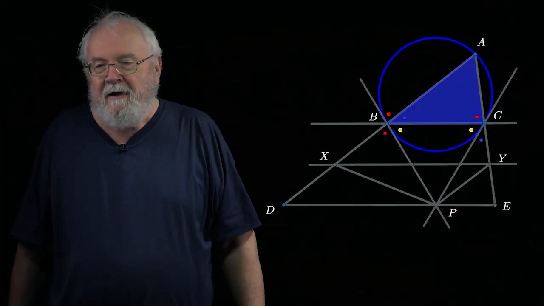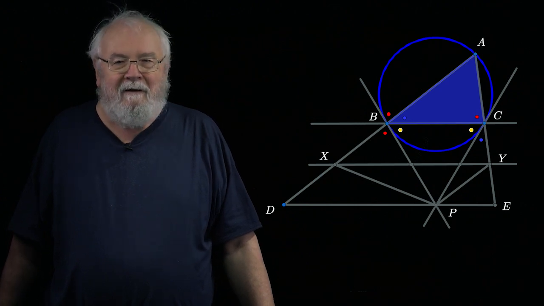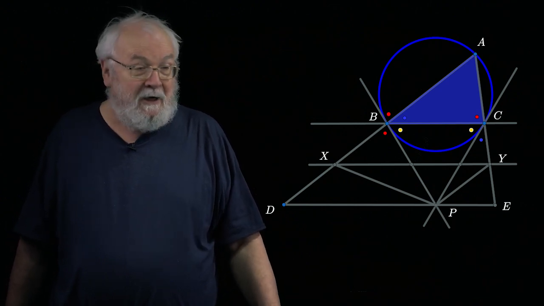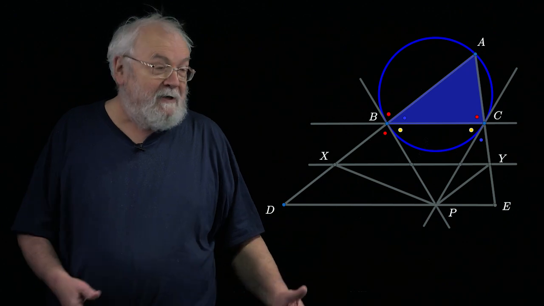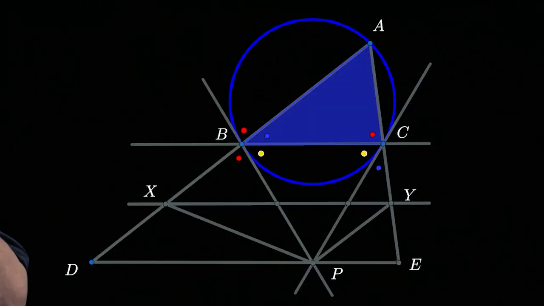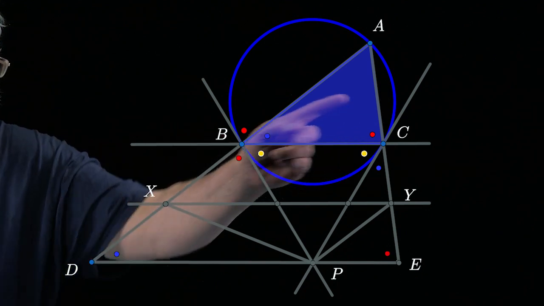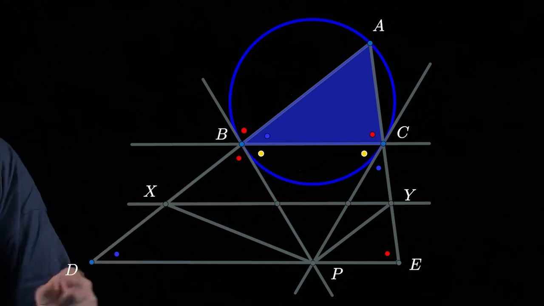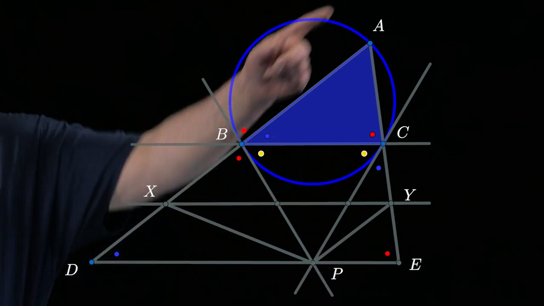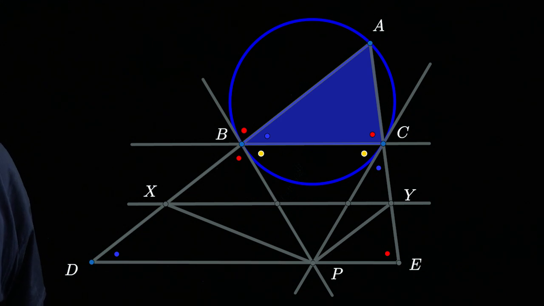Now, I've just said that casually. If you're writing up a BMO2 argument, you've got to supply the details. But I agree, it's pretty obvious from the picture, but you should spell that out carefully. So we have these three parallel lines, BC, XY, and DE, and we have transversals, the lines AB and AC, cutting across them.